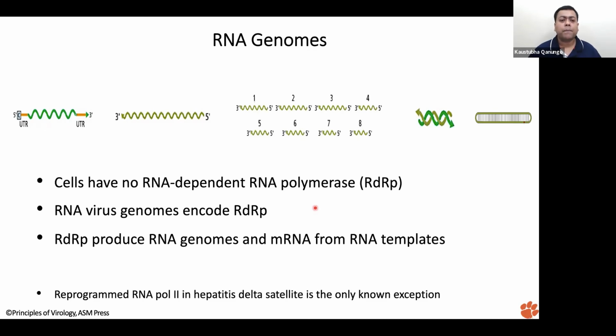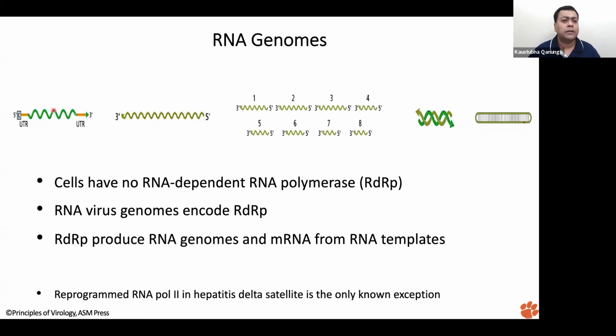The only exception that we talk about is that hepatitis delta satellite actually can make the RNAs by reprogramming the RNA polymerase II that is found in the eukaryotes. And this RNA polymerase II basically makes RNAs from the DNAs, but the only exception is that the hepatitis delta satellite actually can reprogram this to make its own RNA from RNA to RNA. So that is the only exception.